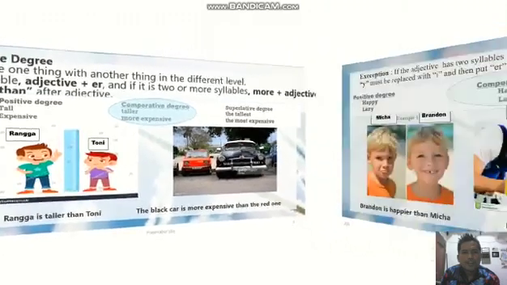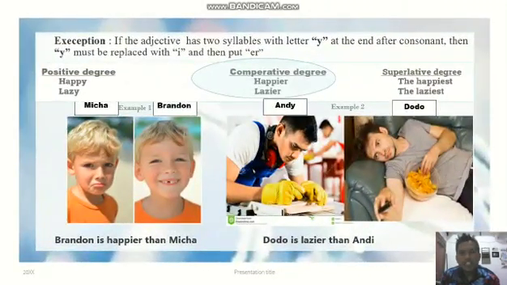Okay, in comparative degree, we can find an exception. If the adjective has two syllables with the letter Y at the end after a consonant, then Y must be replaced with I and then you put er. Okay, this is the example, the adjective happy, with the letter Y at the end after a consonant.